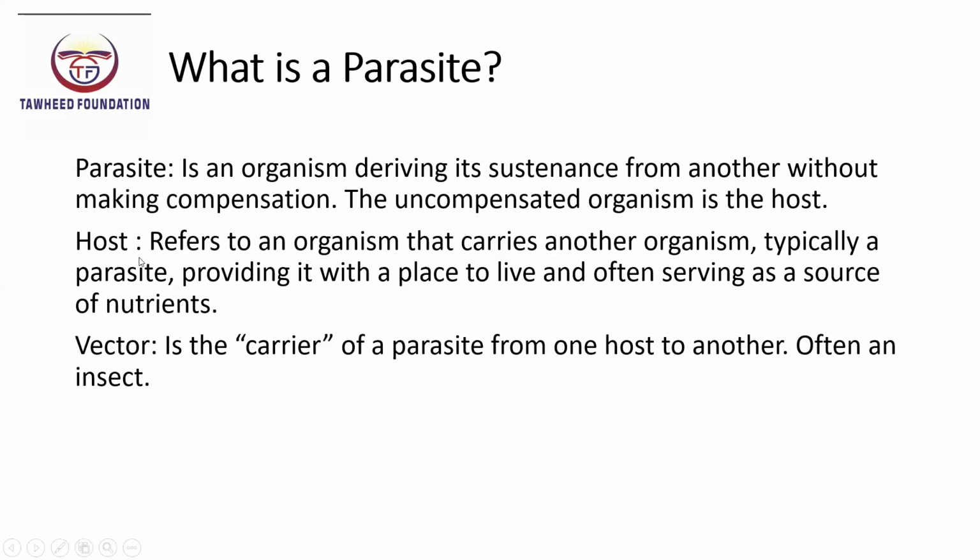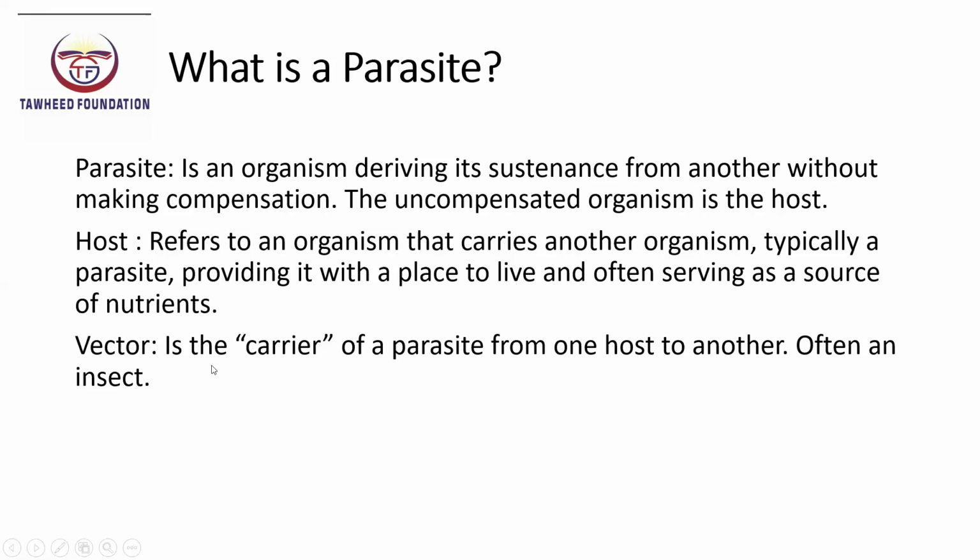Second is host. It refers to an organism that carries another organism, typically a parasite, providing it with a place to live and often serving as a source of nutrients, which means the organism that supports the parasite, providing it nourishment and habitat.